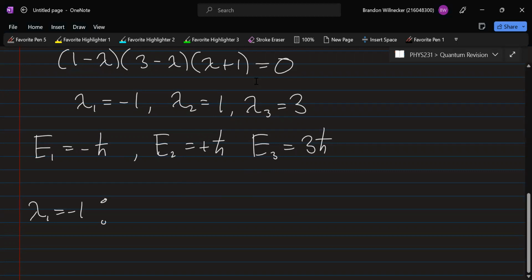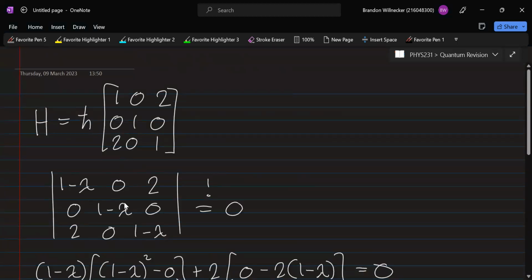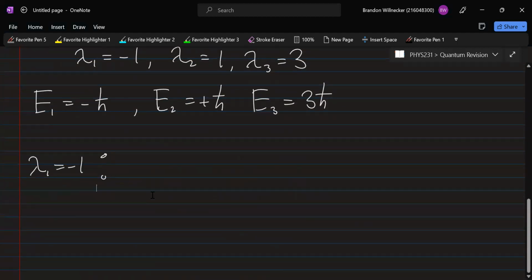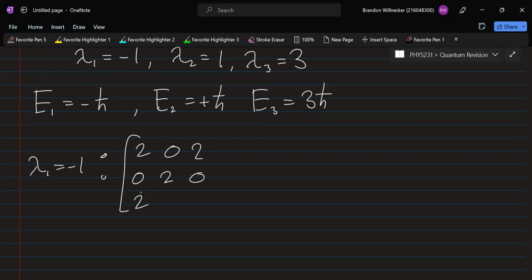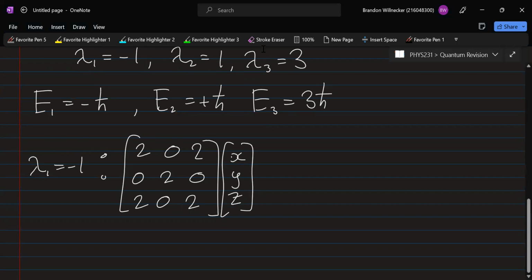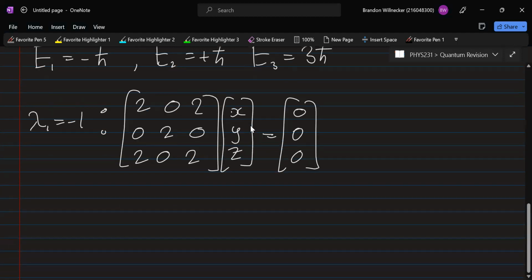So substituting this into our above expression here, we end up with the matrix 2, 0, 2; 0, 2, 0; 2, 0, 2 times x, y, z, because we've got a 3-dimensional eigenvector, and this must be equal to 0, 0, 0. Okay, if you don't know where this comes from, please go back to the lectures on eigenvalues and eigenvectors.